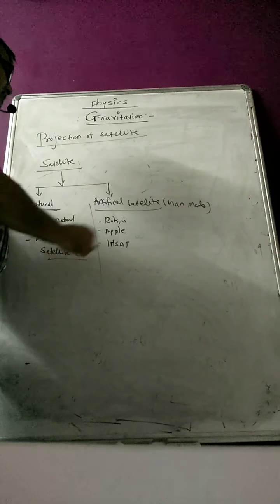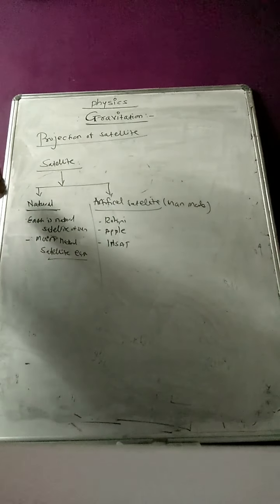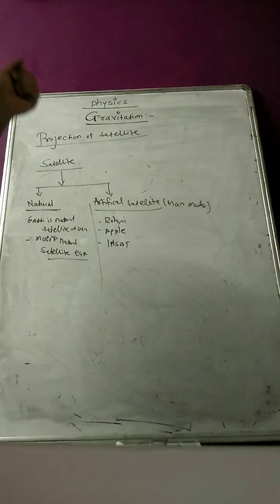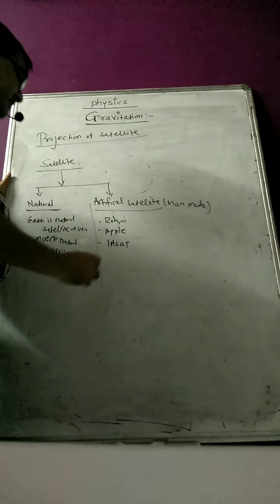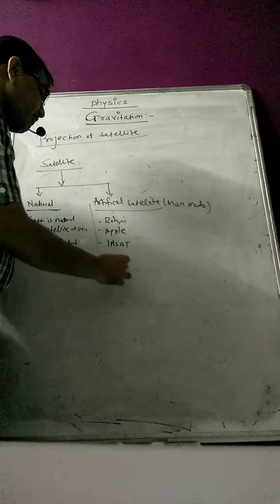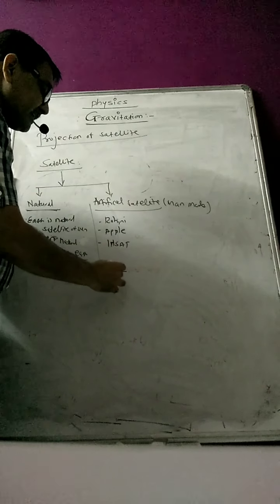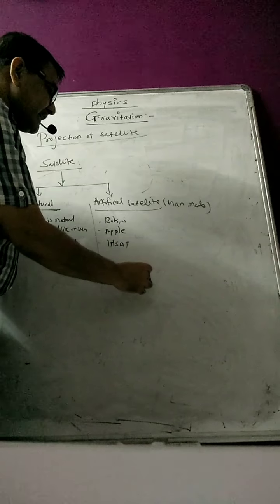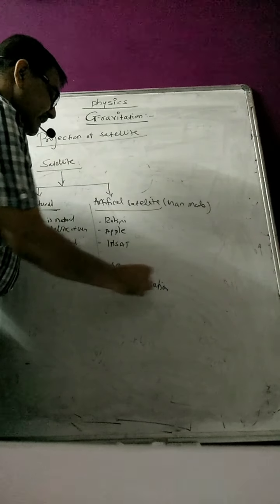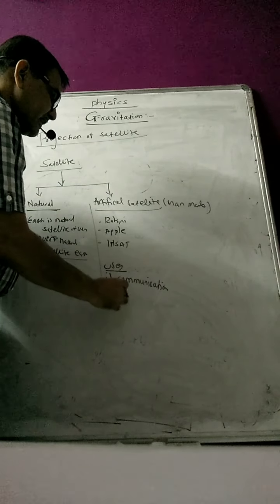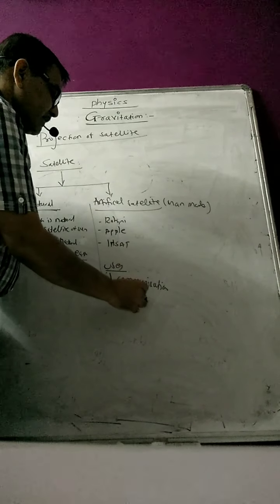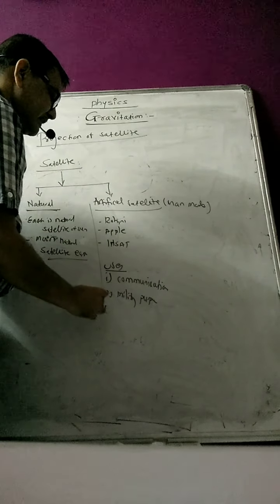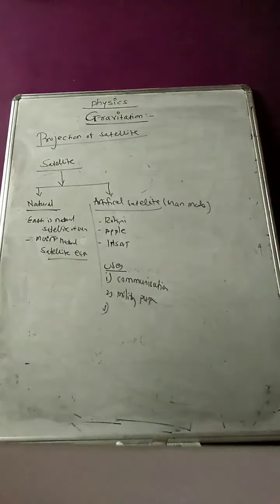So what are the uses of a satellite? For what purpose are we setting the satellite? There are some purposes, and that is called its uses. You can use a satellite for communication. The second thing is military purpose; you can set the satellite into that orbit.